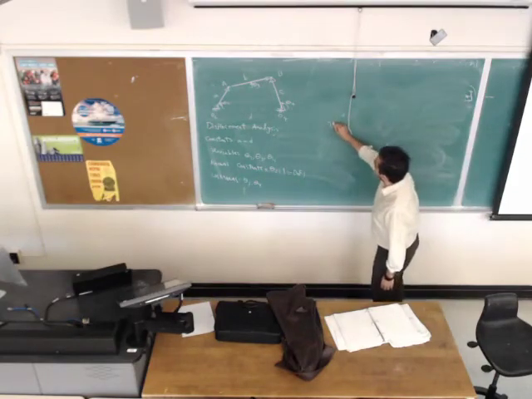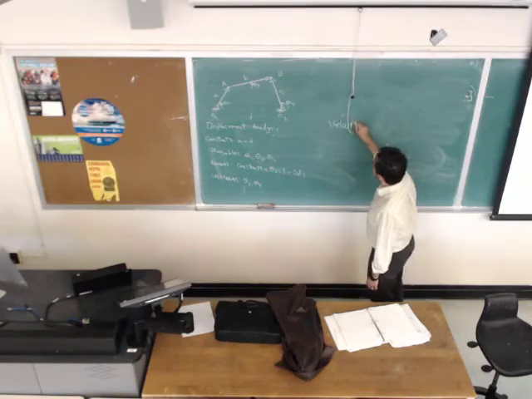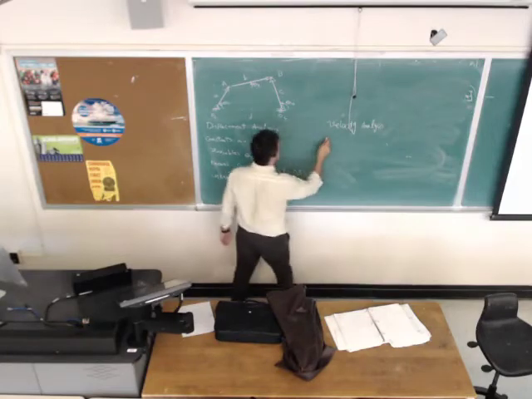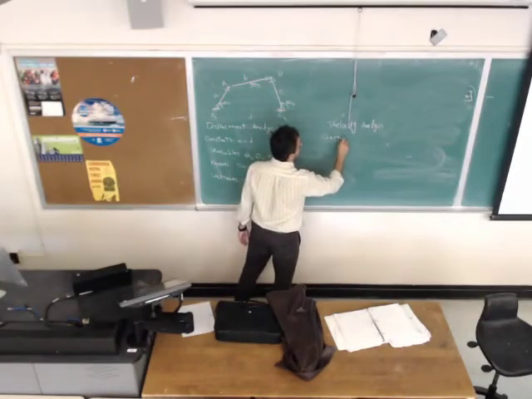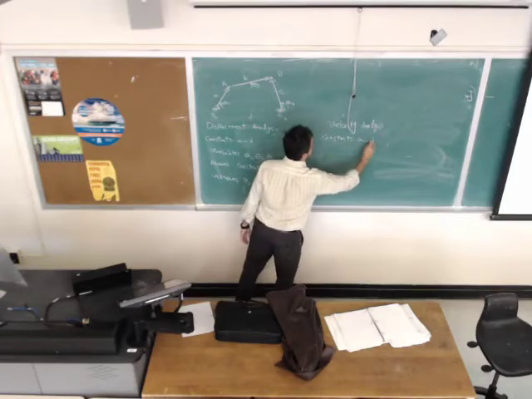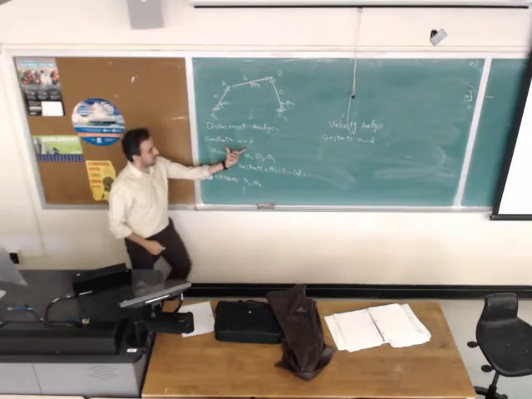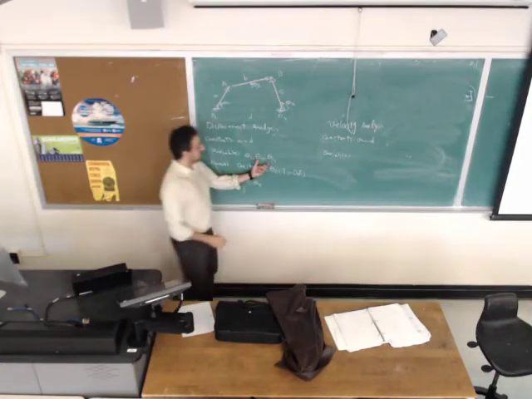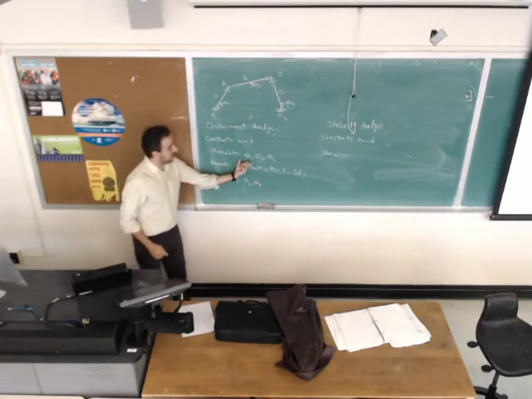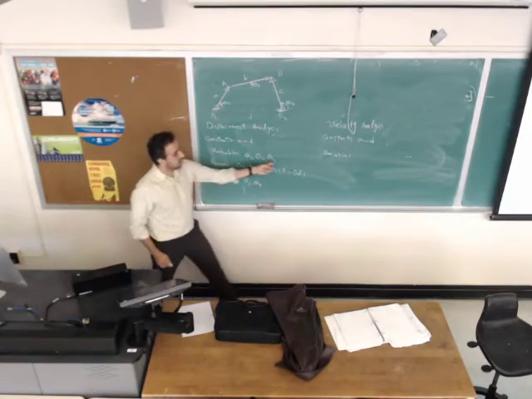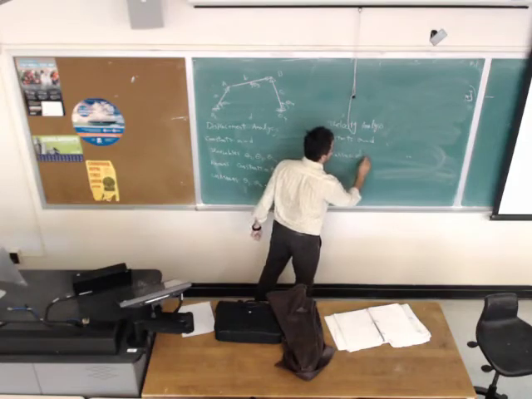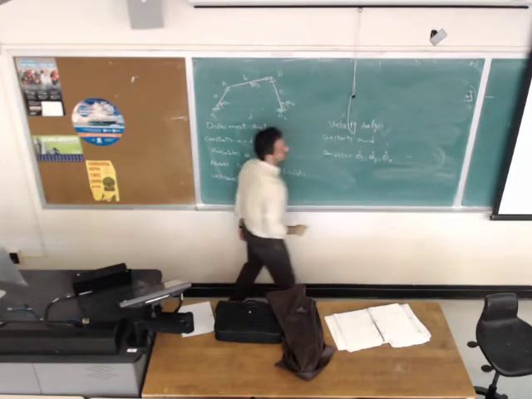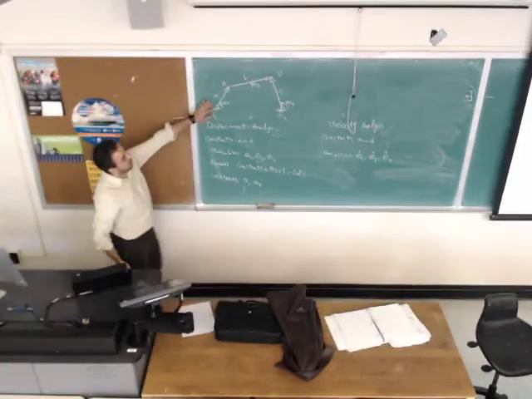For velocity analysis, the constants would be the same, A to D. I just copy and paste here. Variables: whatever was a variable in displacement analysis, its derivative with respect to time would be a variable in velocity. So just put a dot: theta dot 2, theta dot 3, and theta dot 4, or omega 2, omega 3, omega 4.